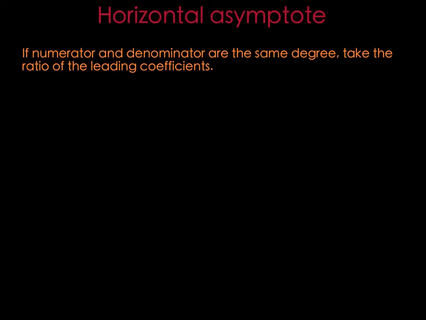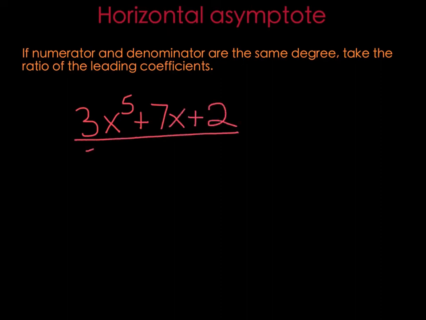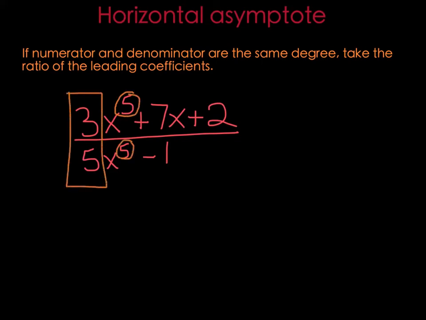So if I had something like 3x to the 5th plus 7x plus 2, over 5x to the 5th minus 1, you look at the degree, and if it is the same, no matter what it is, then you take the ratio. Your horizontal asymptote is always y equals, because it's a horizontal line, and in this case it would be y = 3/5.